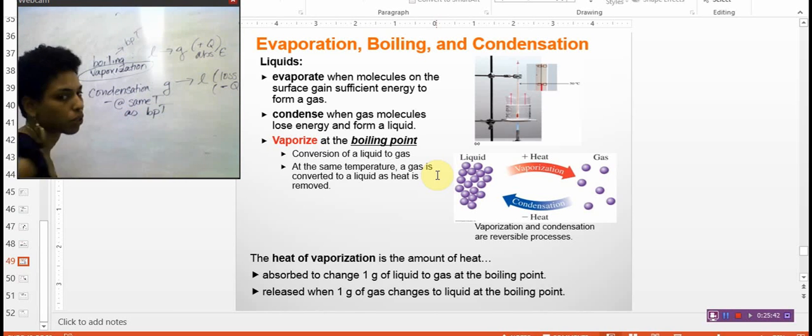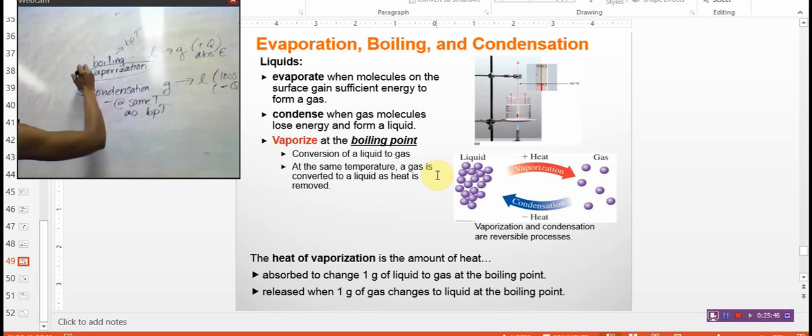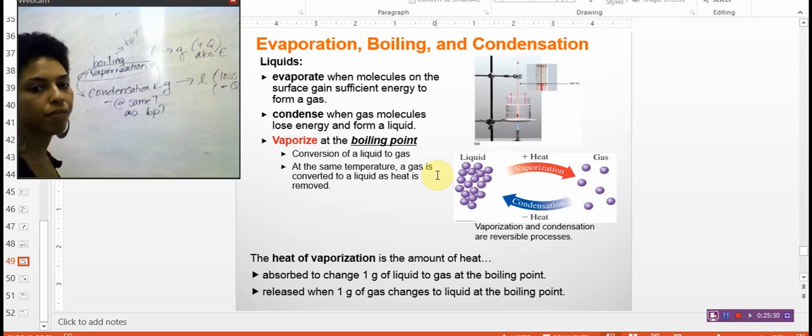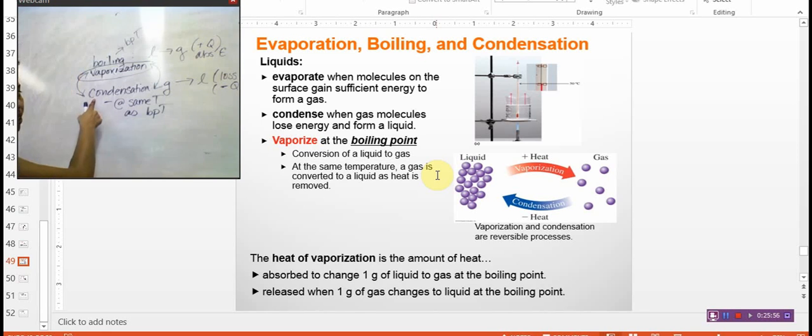And boiling occurs at the boiling point temperature, and condensation occurs at the same temperature as the boiling point temperature, right? And it's because vaporization and condensation are reversible processes, right? So condensation occurs at the same temperature as vaporization. It's just a matter of what direction we're going in, right?